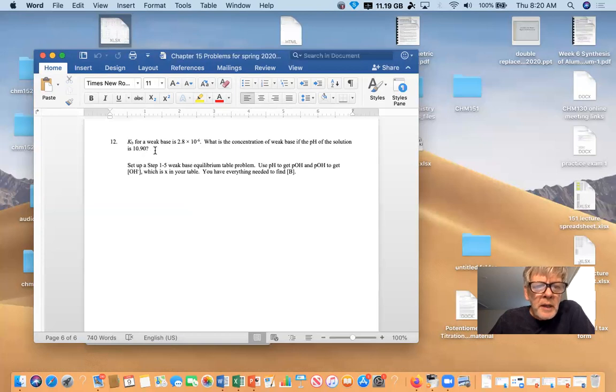And so we have to make use of the remaining information to eliminate some of those variables. Well, if we know pH, we can get pOH. And if we know pOH, we can get OH minus, which allows us then to eliminate some of the variables and then solve for the variable that we're missing.